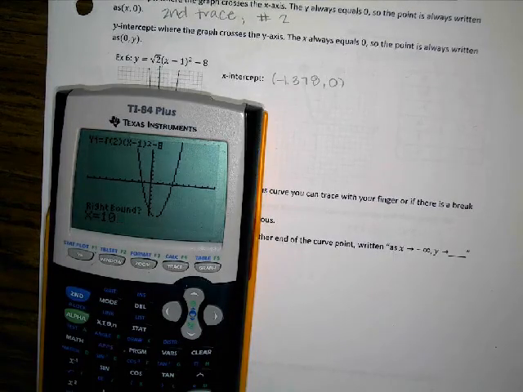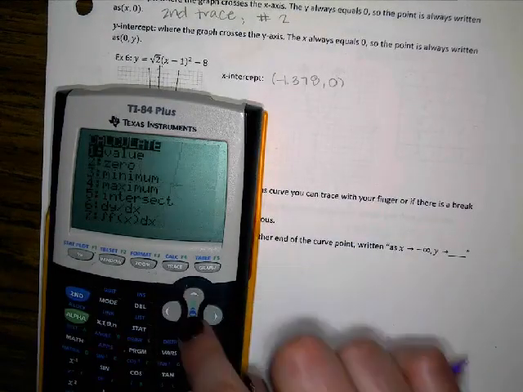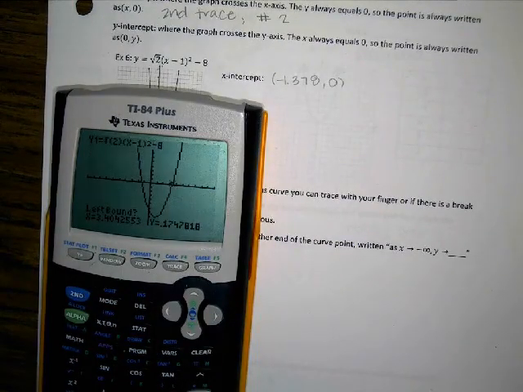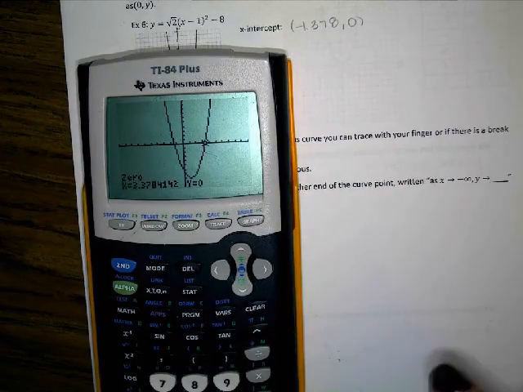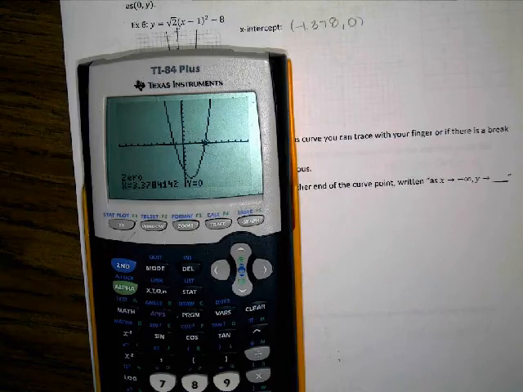I could tell it to look between 1 and 5, or between 2 and 7, and it will give me the answer. I just have to give it 2 numbers that are on either side of where the answer should be. Okay? So the other x-intercept is 3.378, 0.